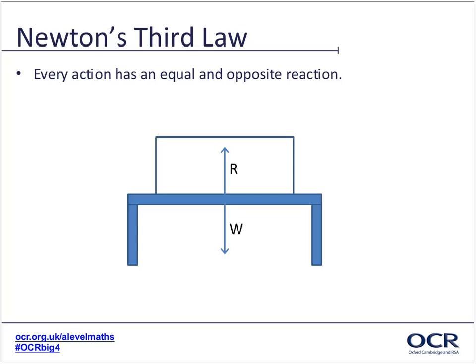One way you can get a handle on this is to imagine, say, pushing down on the box. If I push down on the top of the box, W is not going to increase, because W is simply the weight of the box.